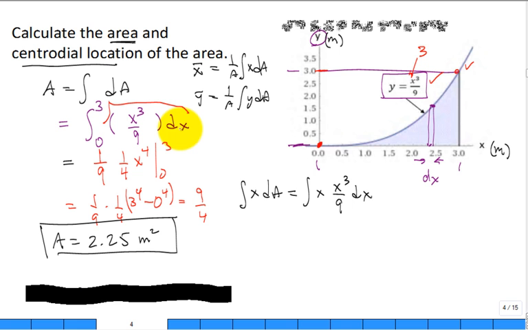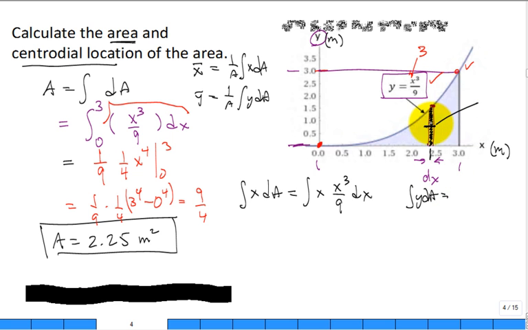Yeah. And then what about the integral of y dA? Okay, well, now I go back and I think about this strip. That strip had constant x, didn't it? That's why I just put in x times dA. But if I'm looking to calculate the centroid, I think about the y average of that strip. So when I put in this integral y dA, what is y bar for that strip?